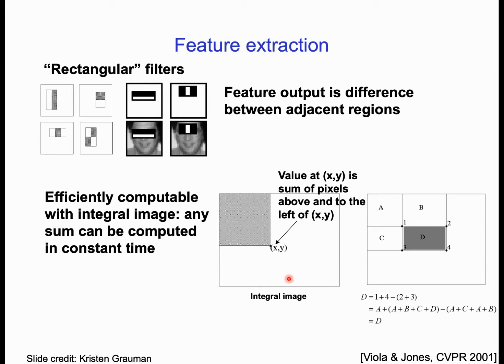The area in D corresponds to the value of the integral image at 4 and 1, subtracting the integral image at 2 and 3, and there I will get the area of D. So you see that it's just reading off intensity values of the integral image to compute the sum of intensities of a very large area in the image.